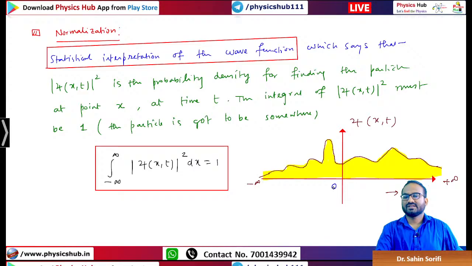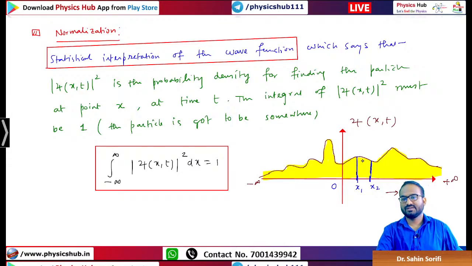Now if I ask what is the probability to find the particle between, let's say, x1 and x2, what is this part of probability? You have to scan for this region only.